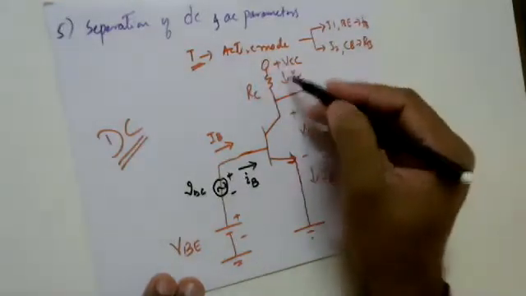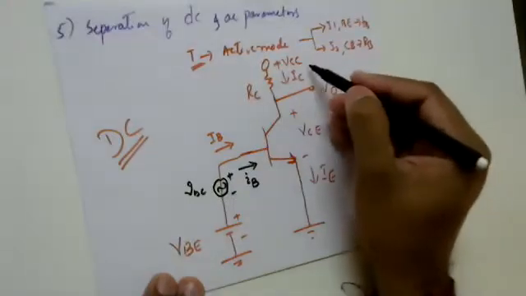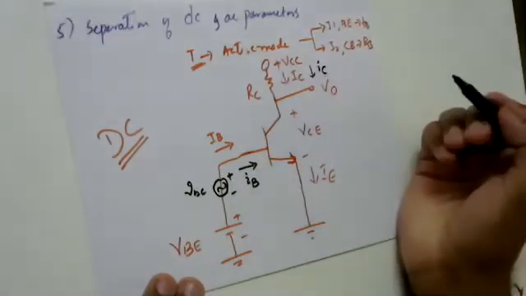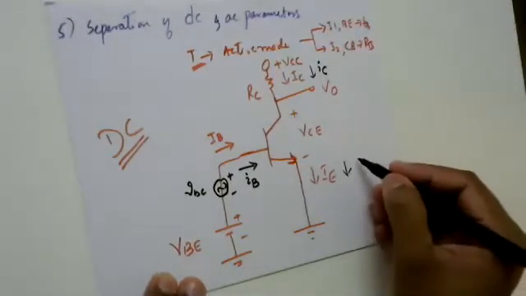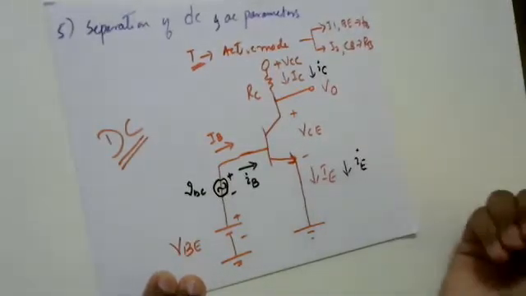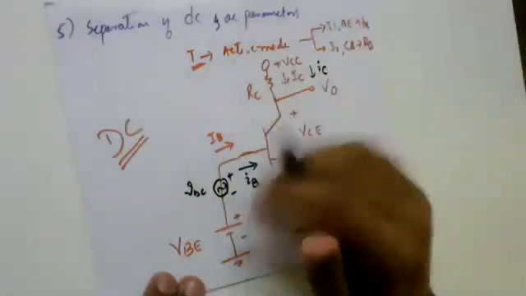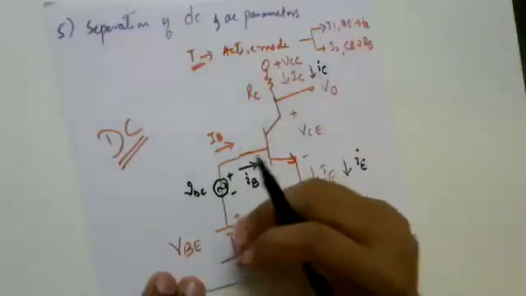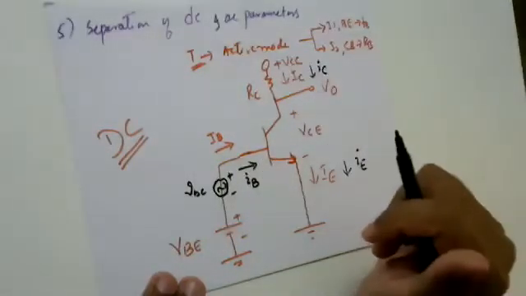And the current that is going to flow to my output is no more a DC quantity now, so this will be an I with capital C. The current that comes to the emitter will be an I with capital E. So it means now my circuit has a combination of both DC as well as AC parameters, right?